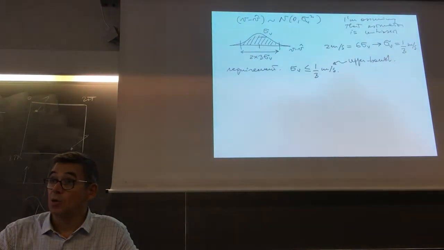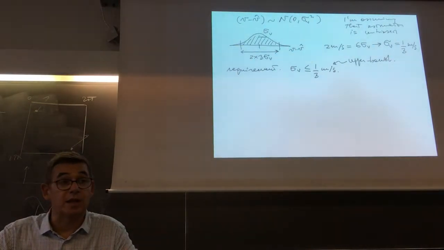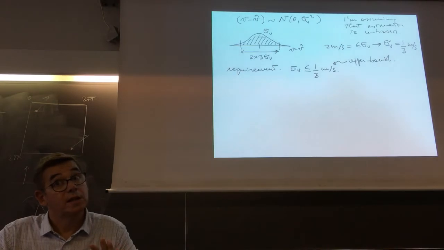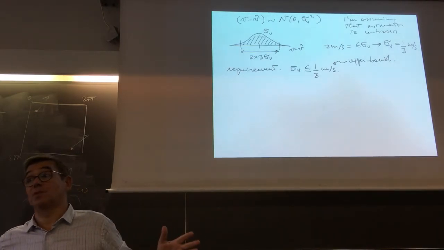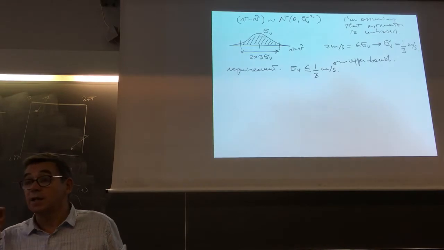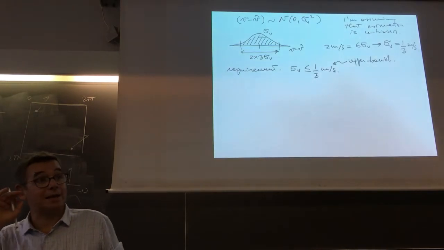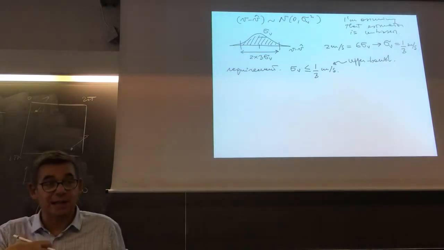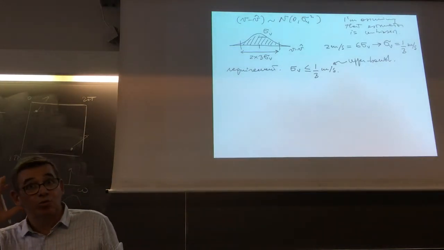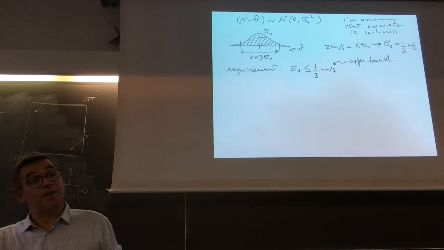Now what I want to see is how many samples I need to make the acquisition of the signal to comply with this specification, assuming that I'm using a perfect estimator.